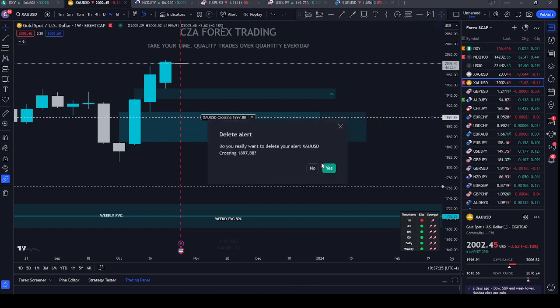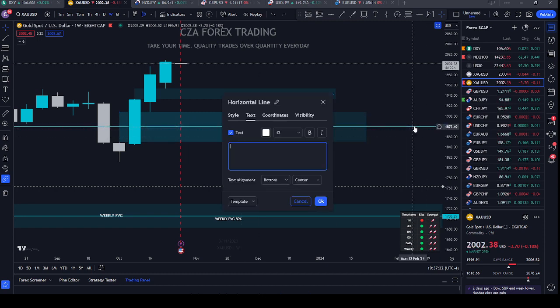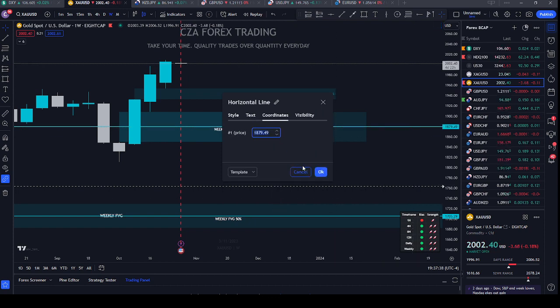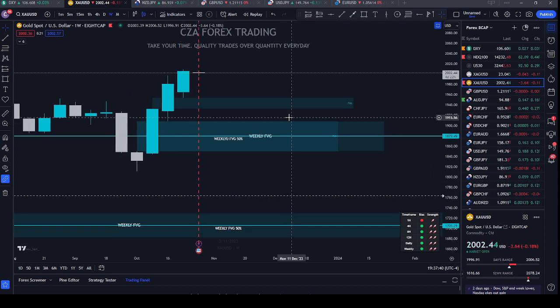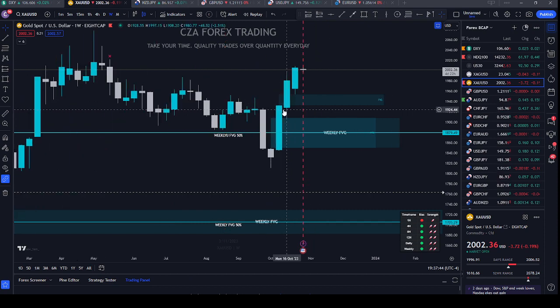And remove this alert. Weekly fair value gap 50%. And then we're looking at that one at 1879.49. It's pretty low from where it's at right now at 2002. But at 2002, at 2000, we should see some kind of movement.